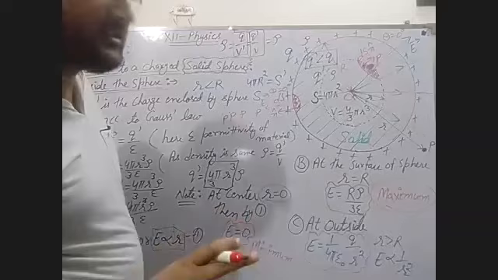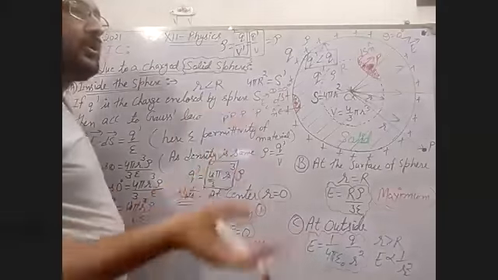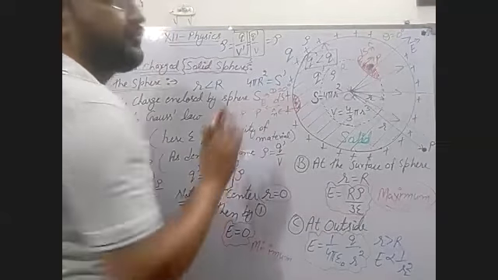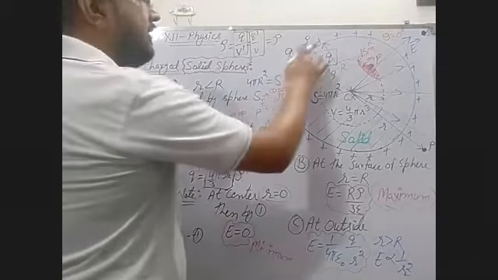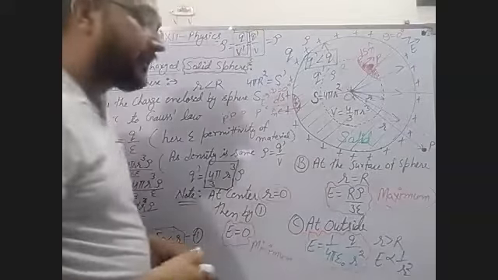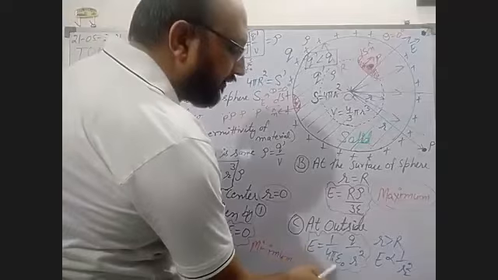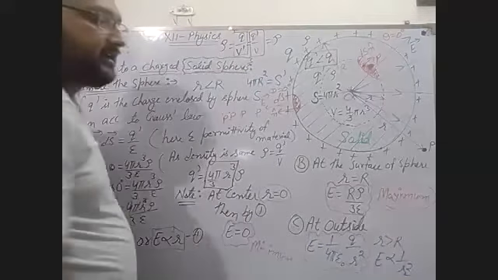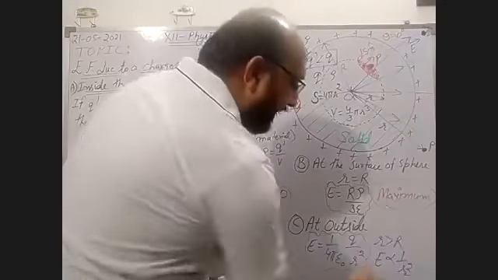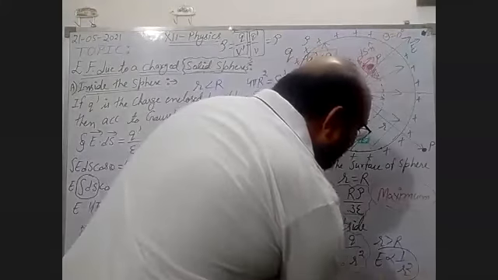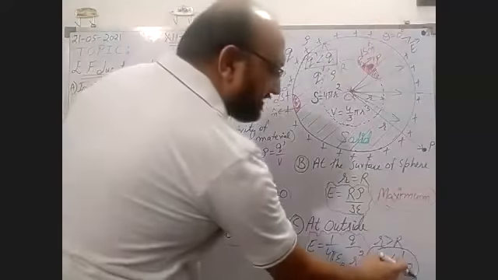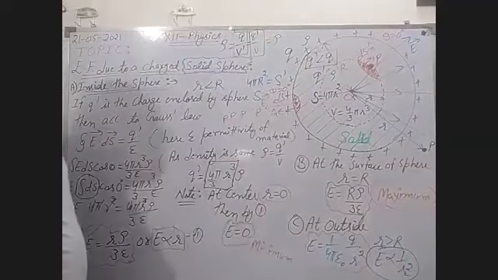In the previous article you can study for outside, because a hollow and solid sphere are not affected by an outer point. The charge is Q and the distance is r, and you can determine the electric field by the relation 1/4 pi epsilon naught Q by r square. Here the condition is small r greater than capital R. The electric field is inversely proportional to the square of the distance.